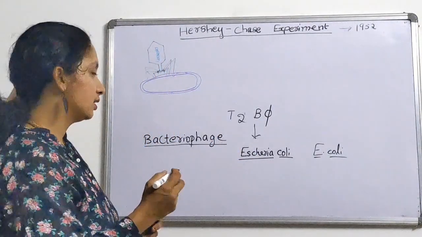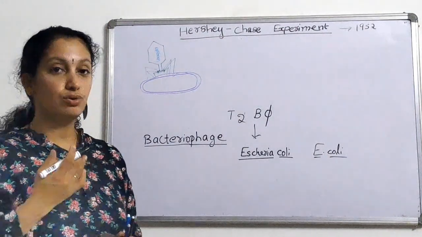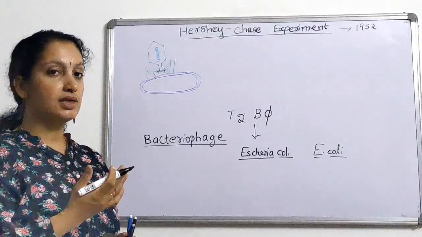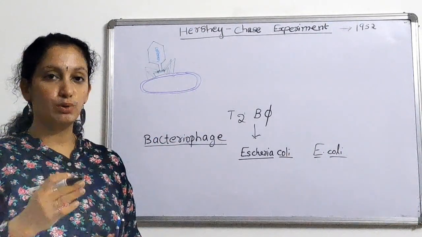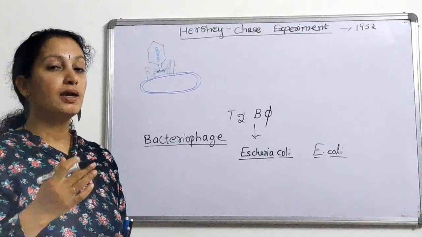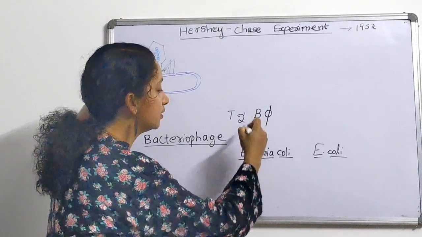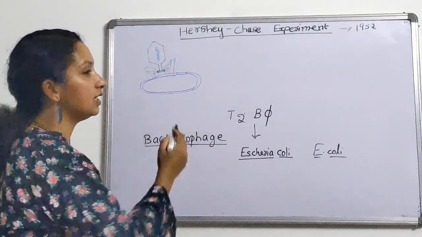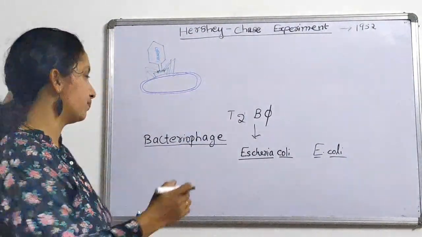So here we are going to check what experiment was conducted by Hershey and Chase. They wanted to prove DNA is the genetic material by doing this experiment using T2 bacteriophage and Escherichia coli bacterium.